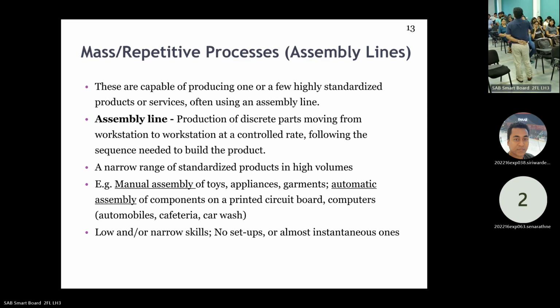This production technology is based on the division of labor concept. And then, as was correctly pointed out, specializing, that helps all the industries to expedite production.